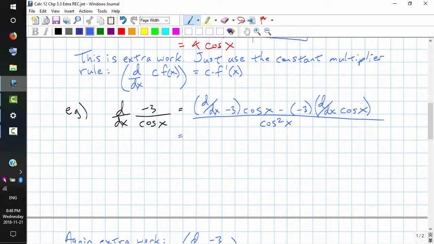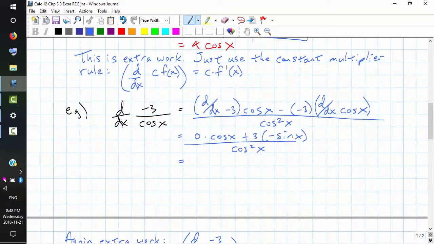So carrying on, we have 0 times cos x plus 3, and the derivative of cos x is negative sine x, all over cos squared x.